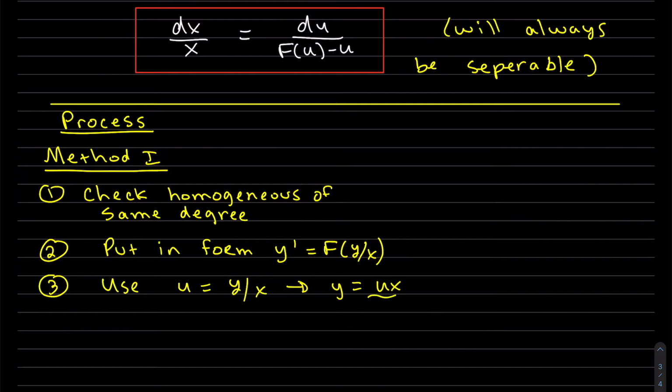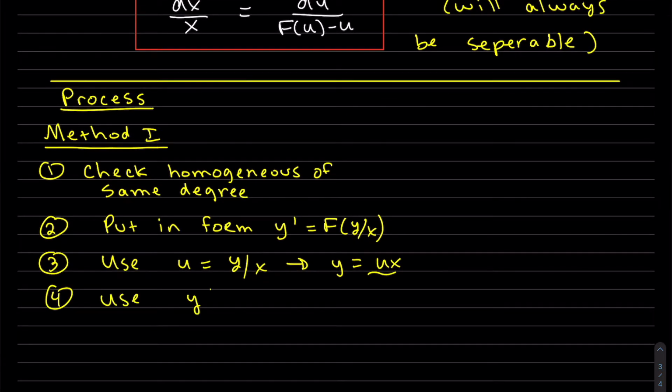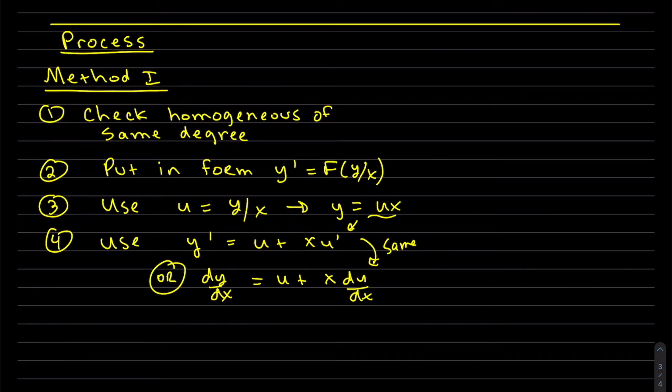And then we're going to take the product rule. Y prime equals u plus x u prime, which is just the product rule of that. Or dy/dx is equal to u plus x du/dx. It's the same thing. And then we're going to separate the variables and solve.